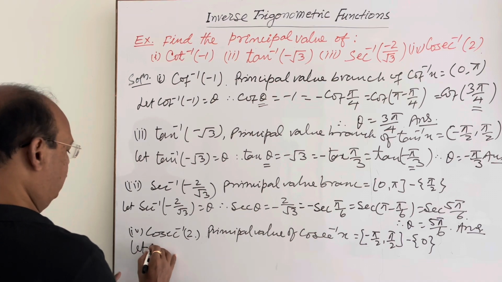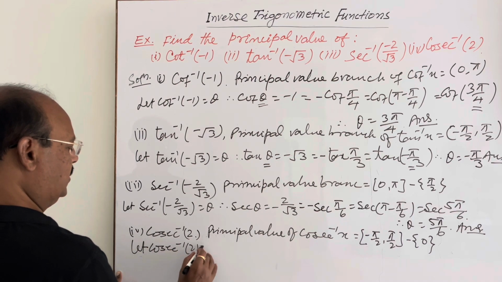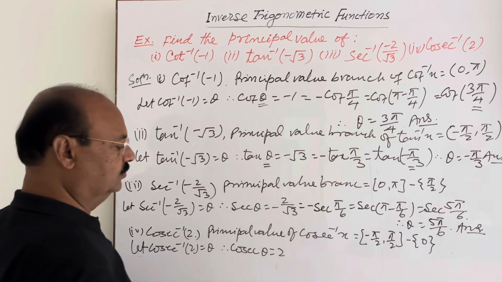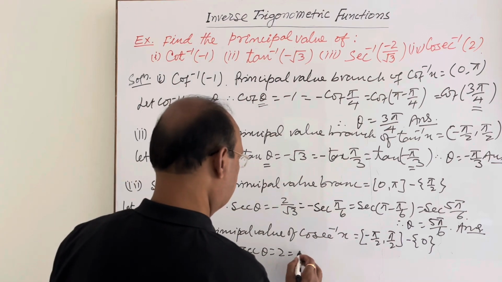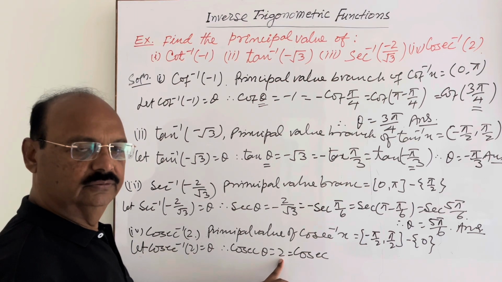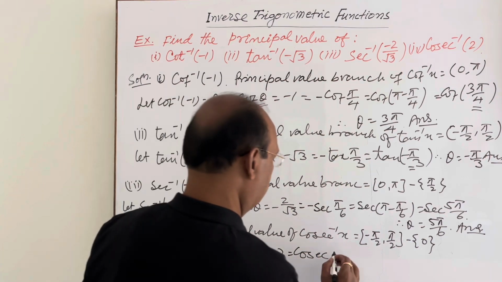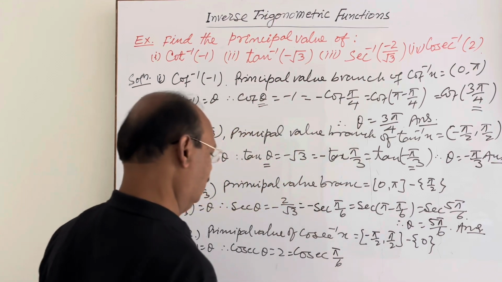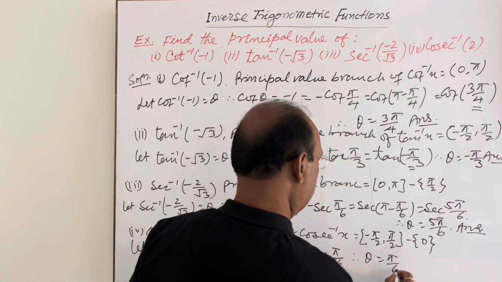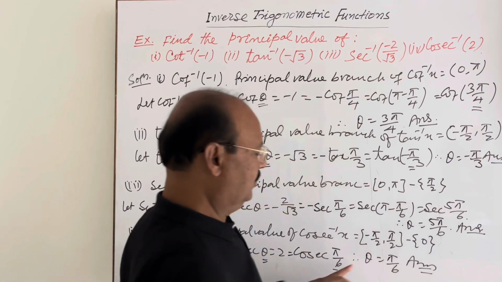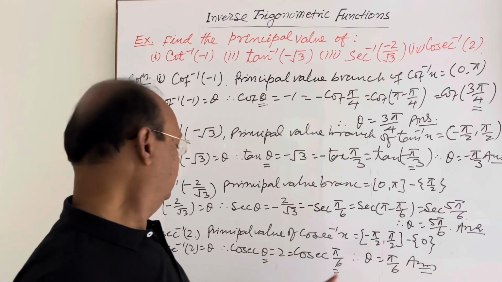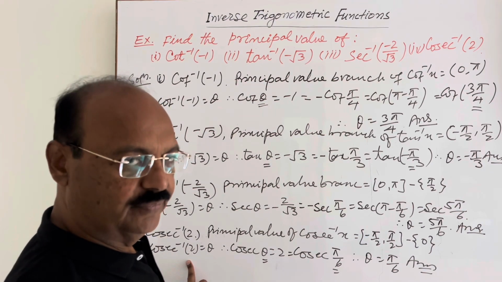Now let us suppose cosec inverse of 2 is equal to theta, and therefore cosec theta is equal to 2, and this is equal to cosec of 30 degrees. 30 degrees means pi by 6. So comparing, theta is equal to pi by 6. This is the answer. You see pi by 6 lies in the principal value branch interval. So this is the principal value of cosec inverse of 2, correct?